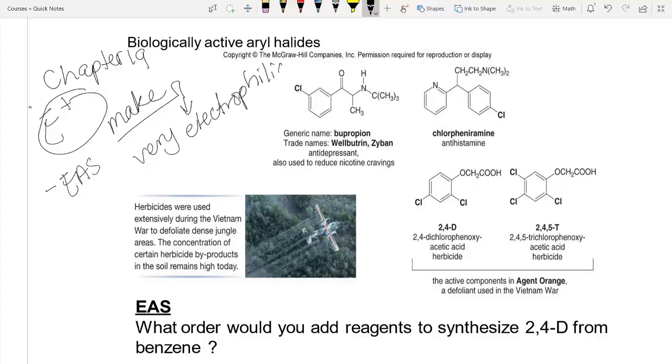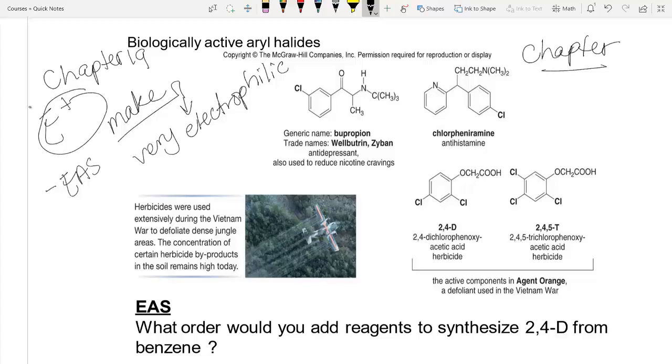So if you recall from the previous chapter, aromatic molecules are very, very stable, and so you need to do something to enhance that. So for our chapter question, one of the things that I will ask you to do is look at ways in which you can make benzene into one of the compounds in Agent Orange.